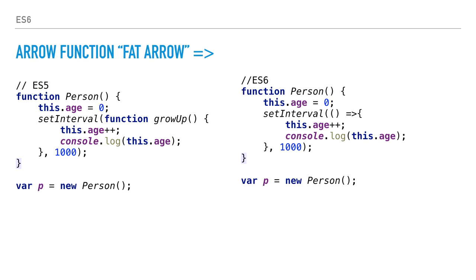It's the same, but the binding to the this of the parent is implicit in this call. So once we do this.age, we are referring to the this of the caller. And this is super important, because we are not depending anymore on the this pointing to the global window.